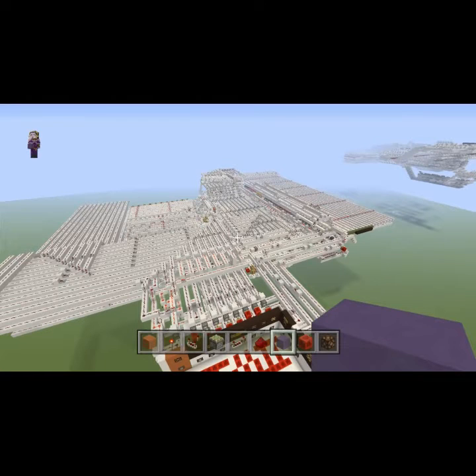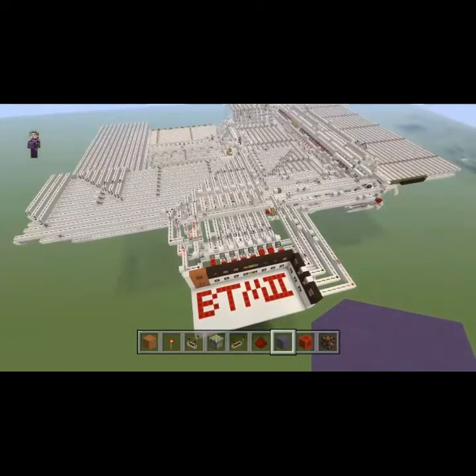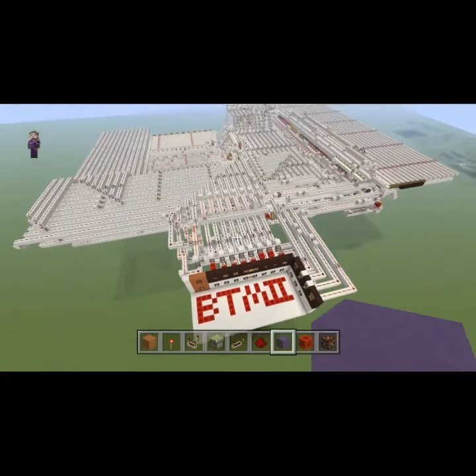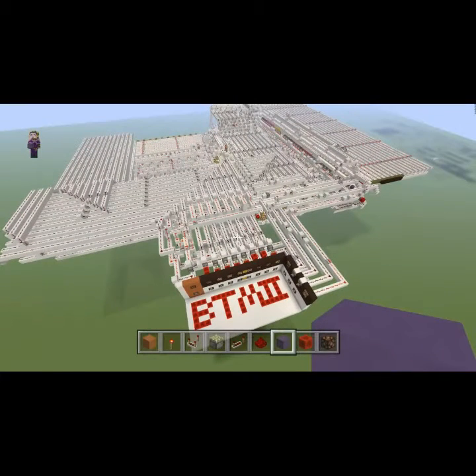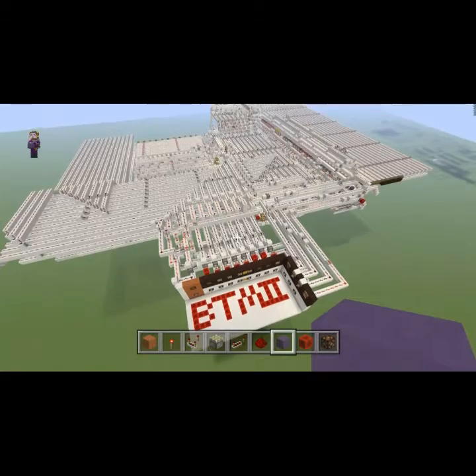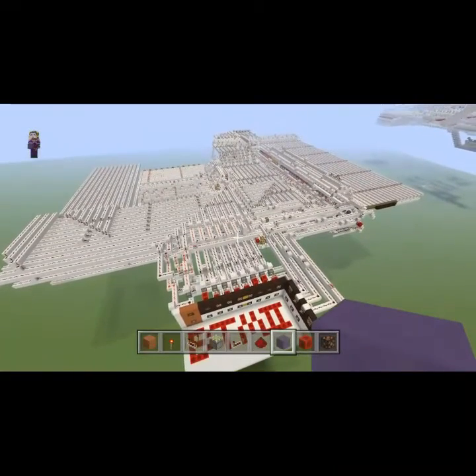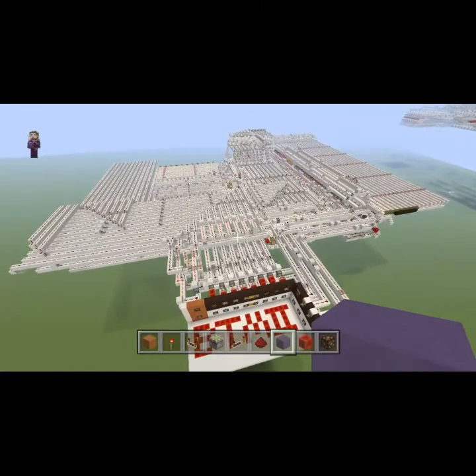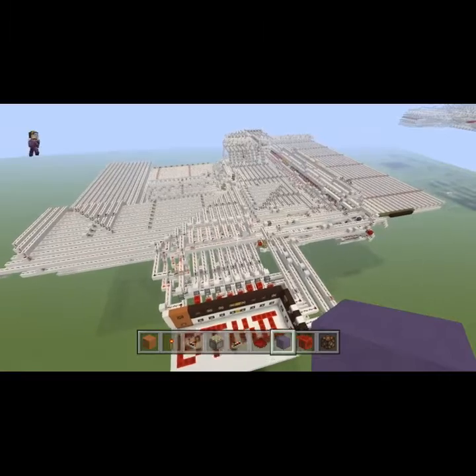Oh, and by the way, the reason why this is in the BTM section of my Redstone computers is actually because, again, as the name implies, big testing machine, I am testing an aspect that I thought would work, and it did kind of work.